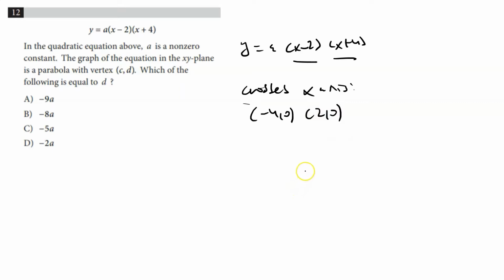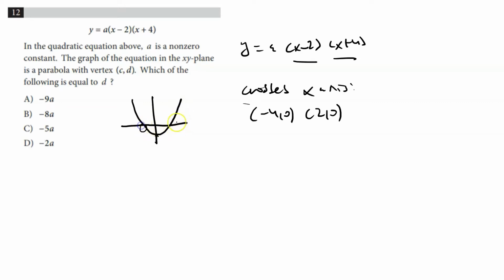And if we consider the symmetry of a parabola, I'll draw it out here. Let's say this is just a generic parabola. The vertex is halfway in between where the parabola crosses the x-axis.